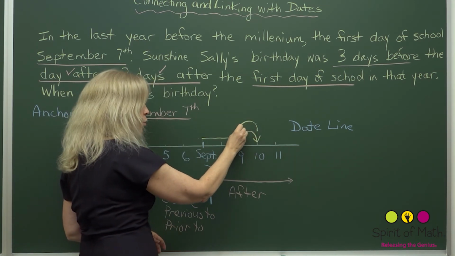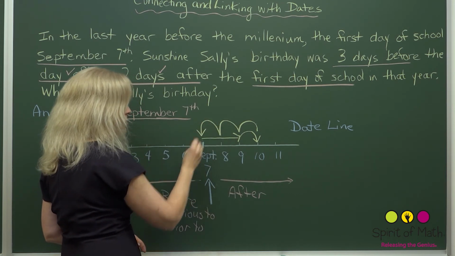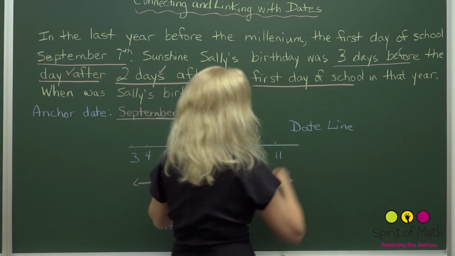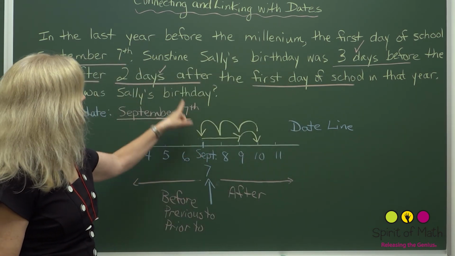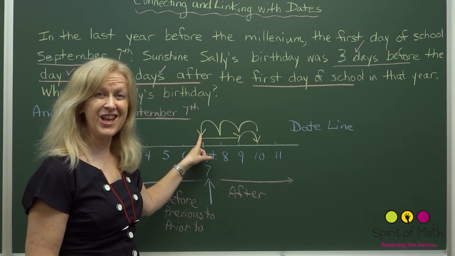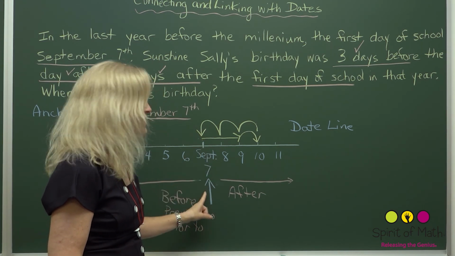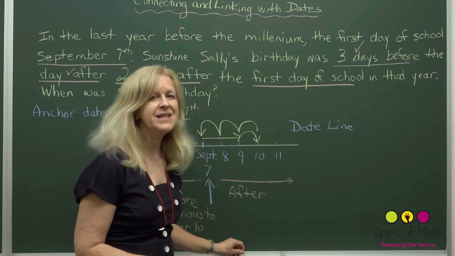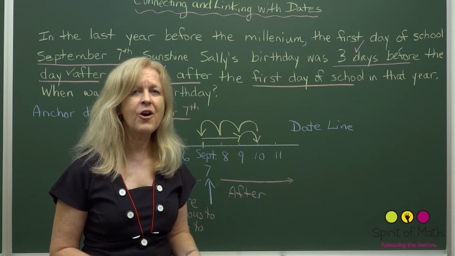So you're going to go 1, 2, 3. 3 days before. We're back to here. And let's just put a check mark there. And it says that Sunshine's birthday was then. Okay, so Sunshine Sally's birthday was September the 7th, which was the first day of school.